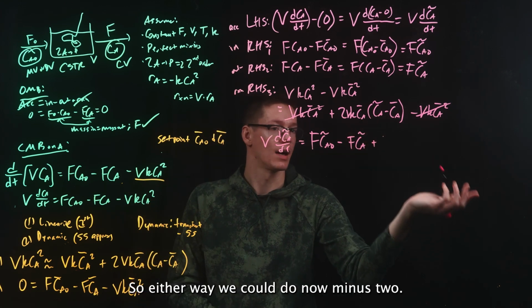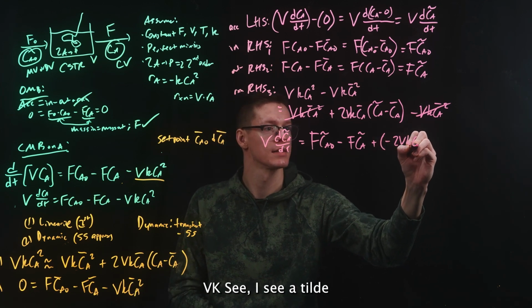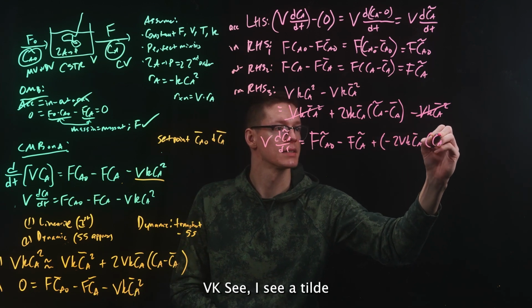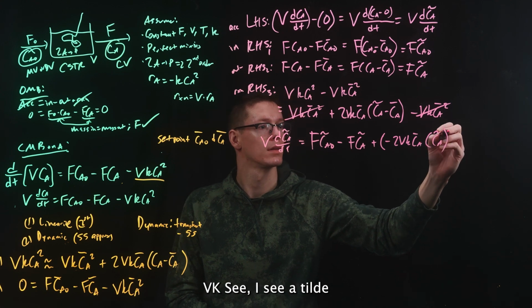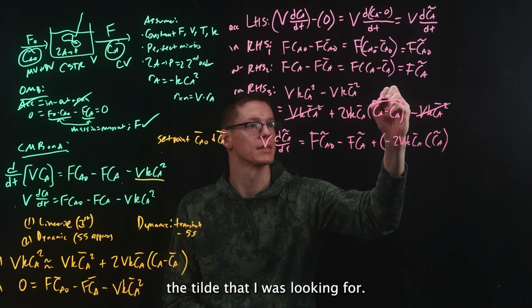So either way, we could do now minus 2 VK CA tilde, because together this CA and CA naught becomes the tilde that I was looking for.